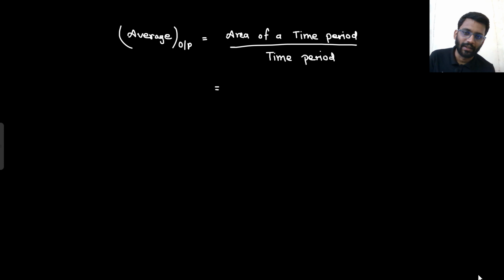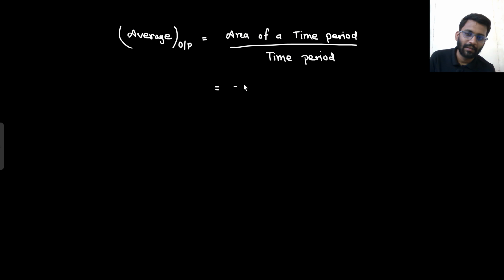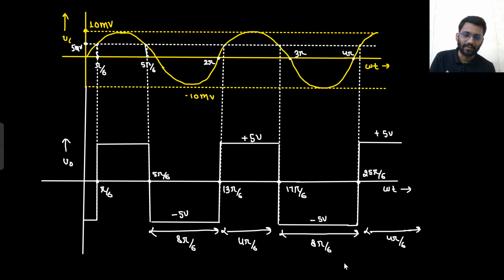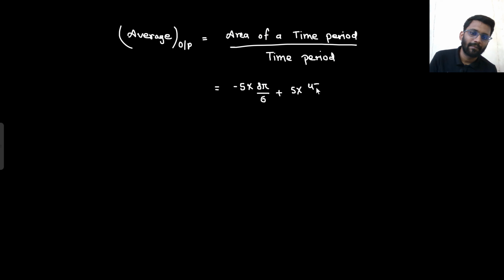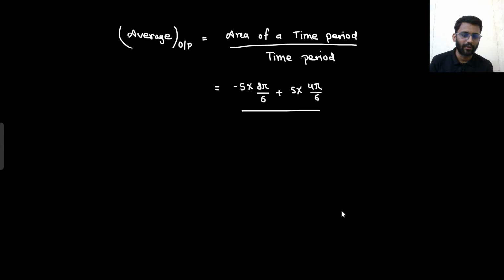So what will be the area? Area will be minus 5 into 8 pi by 6 plus 5 into 4 pi by 6. And what is the total time period? Total time period is 8 pi by 6 plus 4 pi by 6, that is equal to 2 pi.